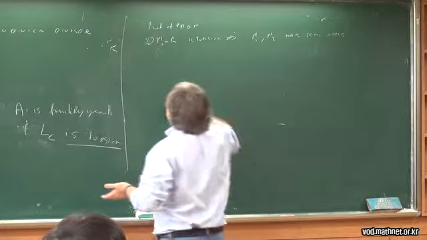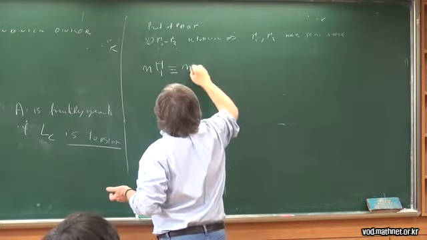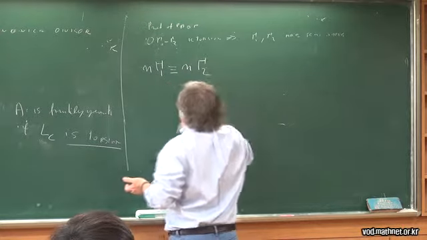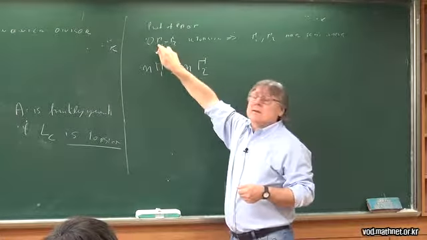Why? Because it means that n gamma 1 becomes linearly equivalent to n gamma 2, because this becomes trivial.